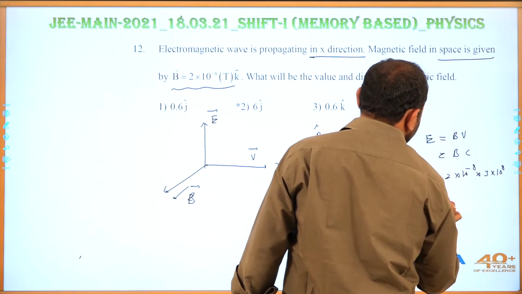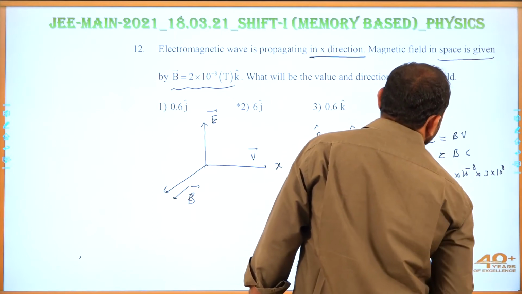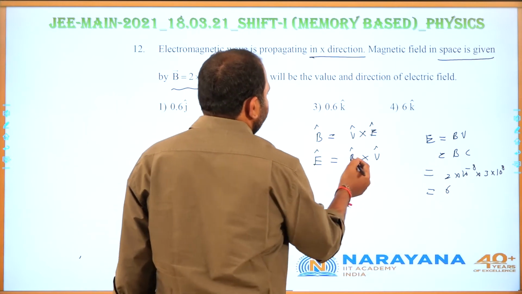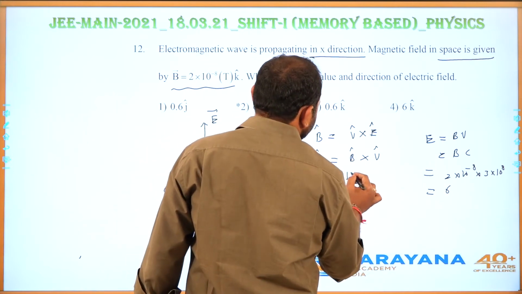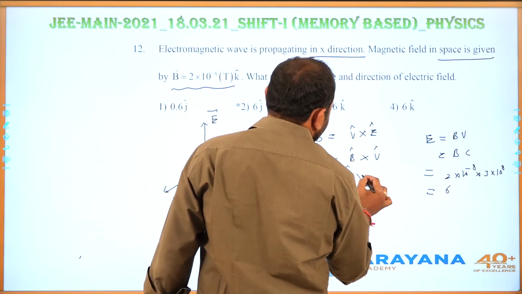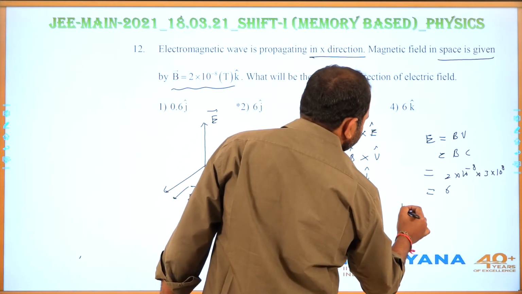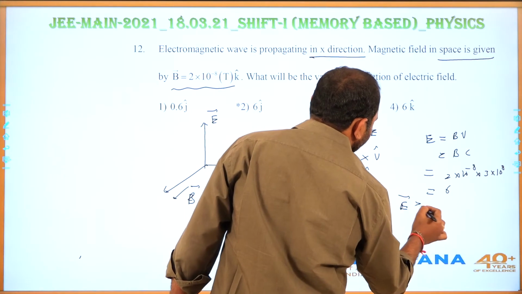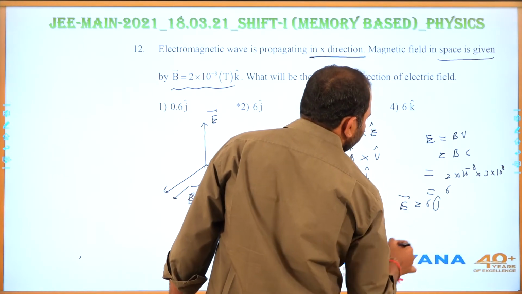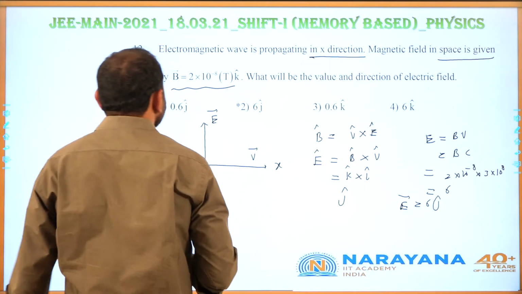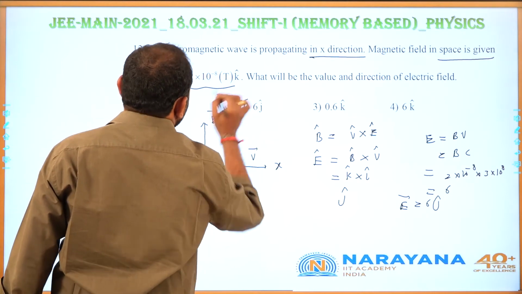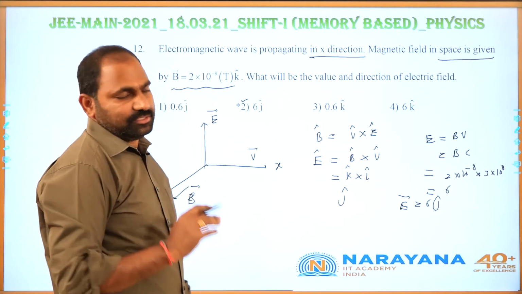This is the velocity of light. It is 6 units. And the direction B cap cross V cap is K cap cross I cap. This is J cap. So it will be 6 times J cap. This is the electric field. It is given as the second option. Let us go to the 13th question.